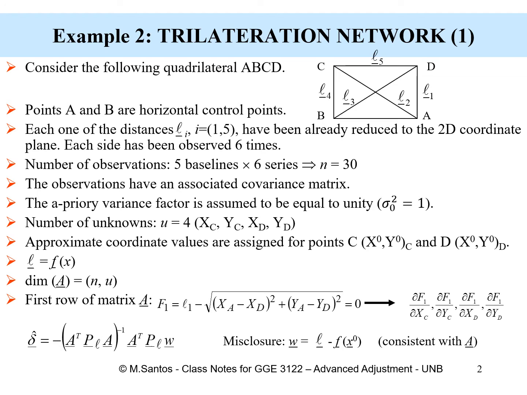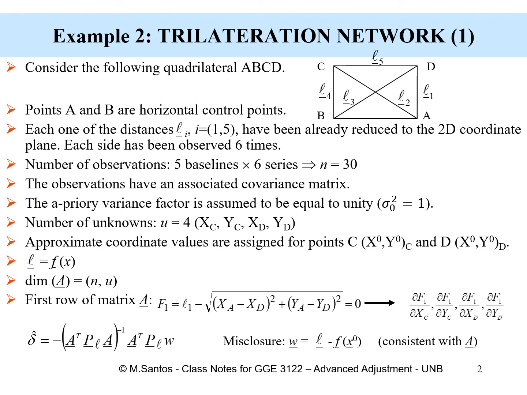So in this example we have this quadrilateral. It's basically the measurement of a number of triangles. Anyway, we have the measurement of distances between these 4 points, A, B, C, and D, as shown in the figure. We have the control points.